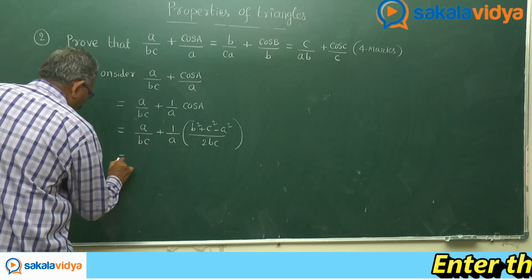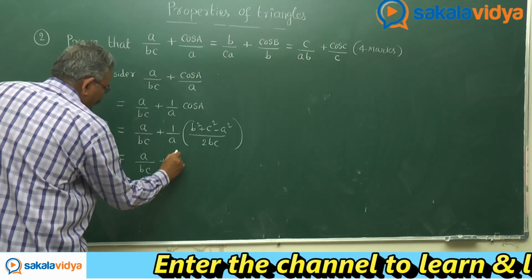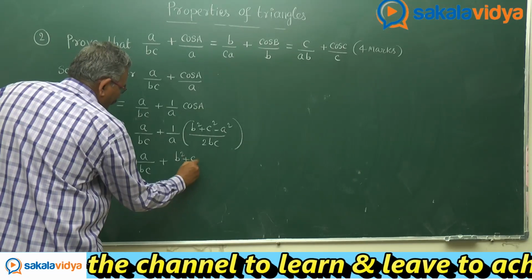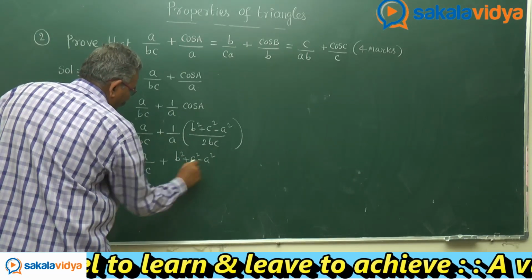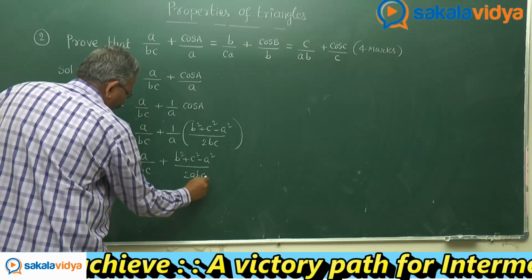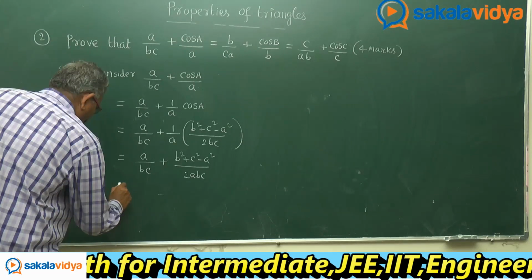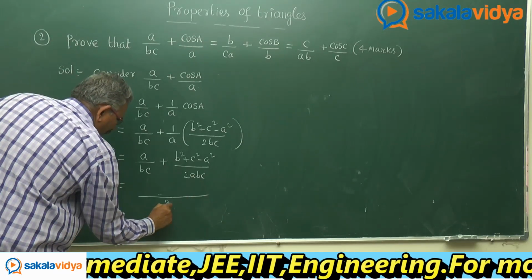So this equals a/bc + (b² + c² - a²)/2abc. It's very simple now. Take LCM, 2abc is the LCM.